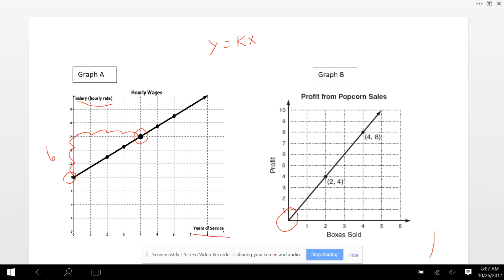So as the years of service increase, the salary rate increases. The y-intercept is 8. And what does that mean? It means starting salary. I'm writing this down. Starting salary is $8 an hour when you have no years of service, when you're brand new to the company.